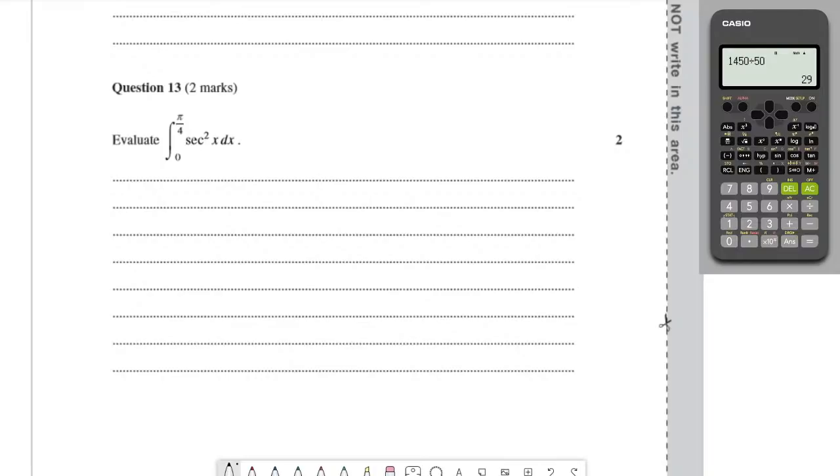sec squared. Okay. So on your formula sheet, another thing from your formula sheet, this one here is one of your standard integrals. So your standard integral, for this particular one, is if you have the derivative on the outside of sec of your derivative, of your function on the inside, then this turns into tan of the function plus c.